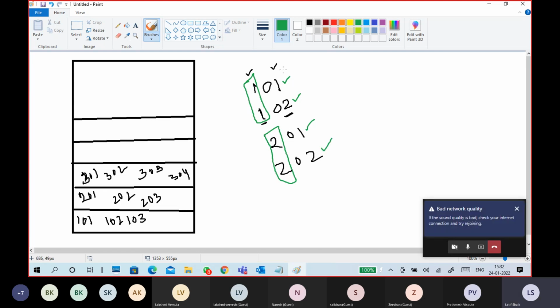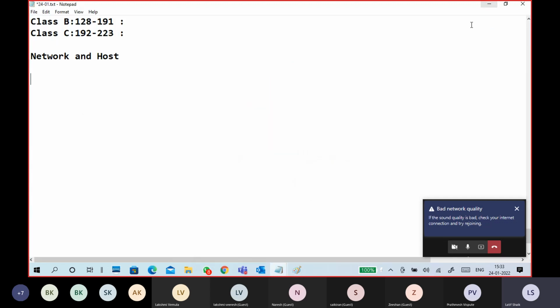So we can easily understand by numbering. These two belong to the first floor, these two to the second floor, these two to the third floor, these to the fourth floor. So we are able to divide it.